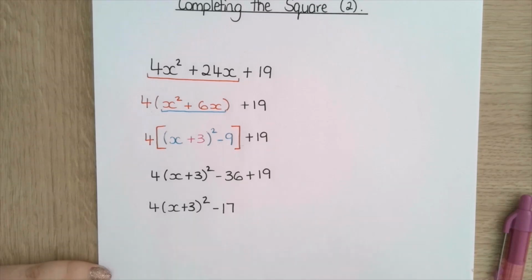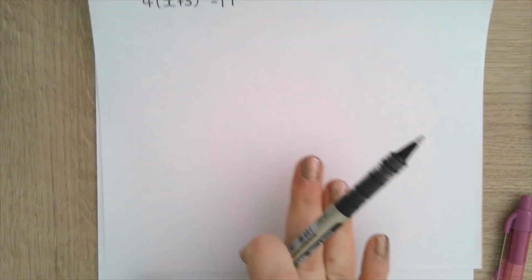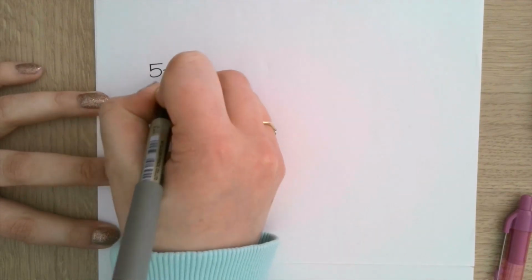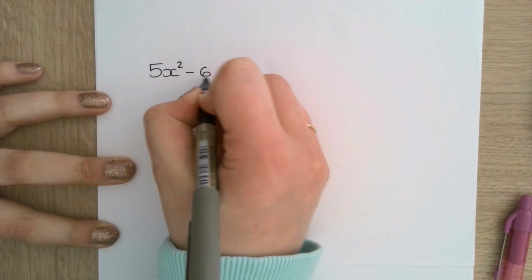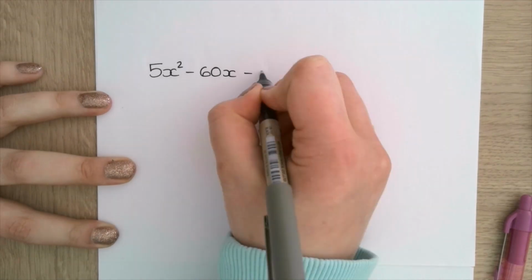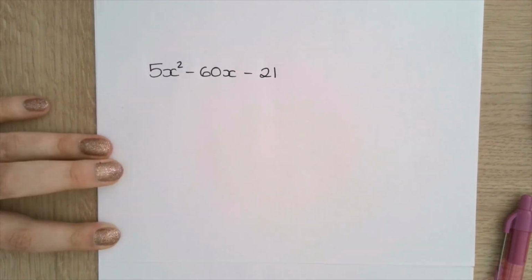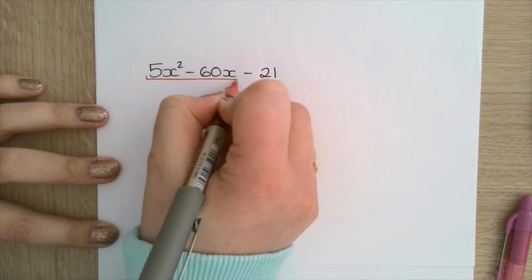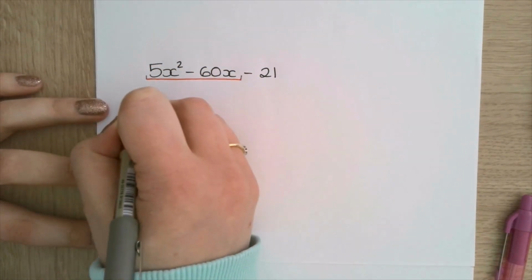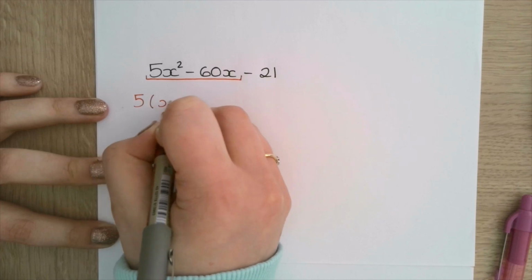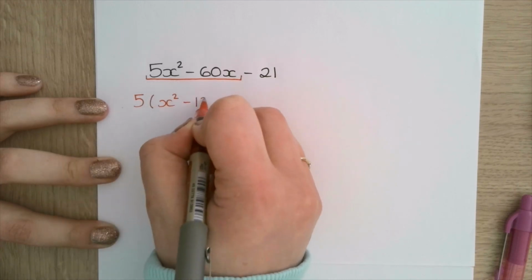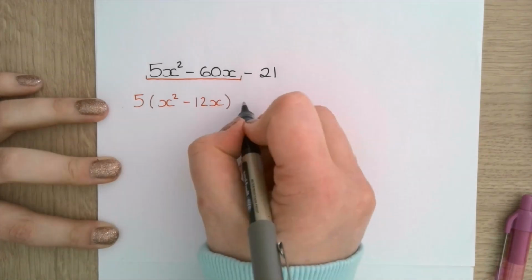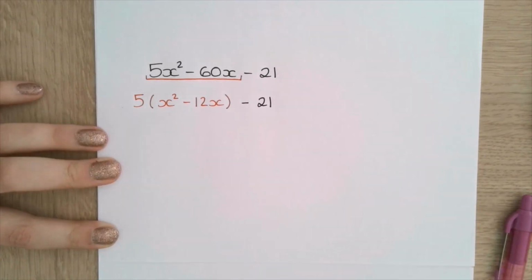So here's another example. 5x squared minus 60x minus 21. So first two terms I'm going to take out the 5. So 5 brackets x squared minus 12x, and then minus 21 on the end.